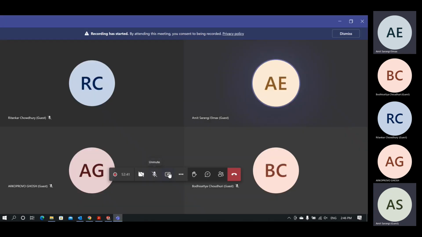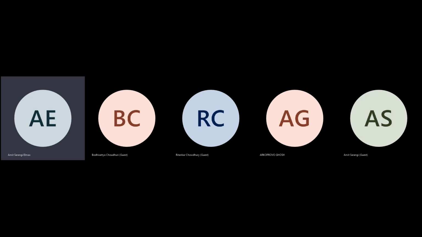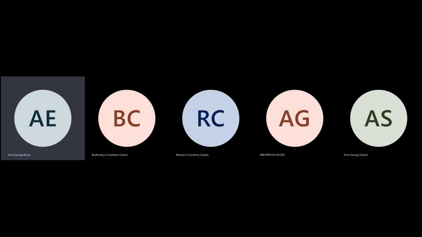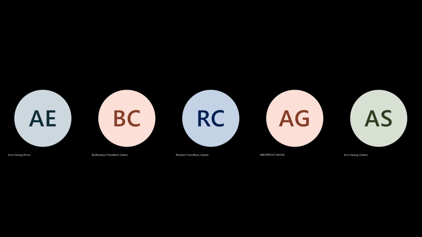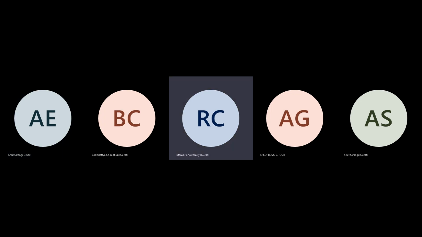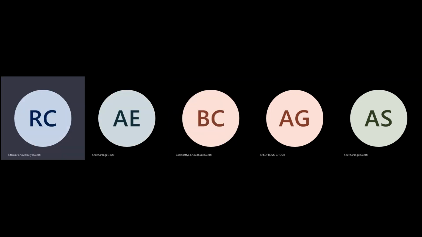That means all of you have software with you right now, in working condition? Can you practice it? Yes, sir. Okay. But Acroprova, I think your laptop is not working. Bodhisattva's laptop is working. Ritankar? Yes, sir, I have the software.